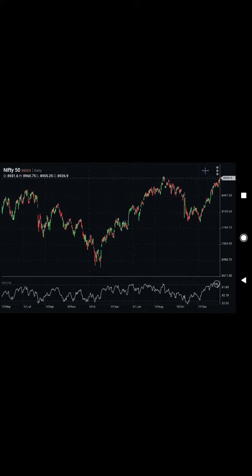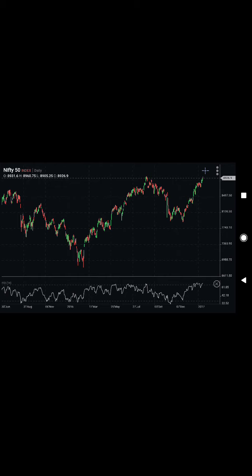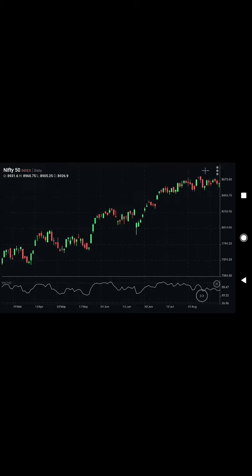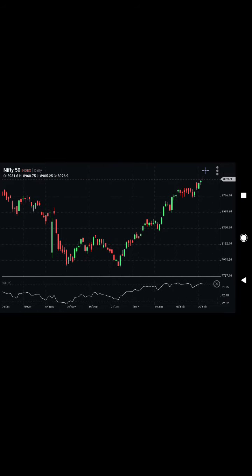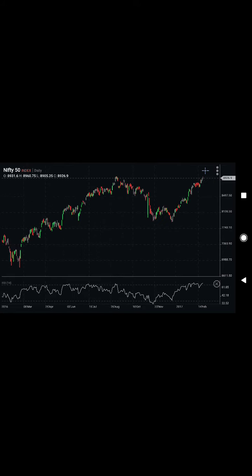There's significant resistance out there, 9,100, 9,000, and we'll see. If we get a reversal tomorrow, then we might have a negative divergence on Nifty, and possibly a slow fall, not a sharp fall, around 8,800, 8,650 possibly. Very difficult, but can't say anything.